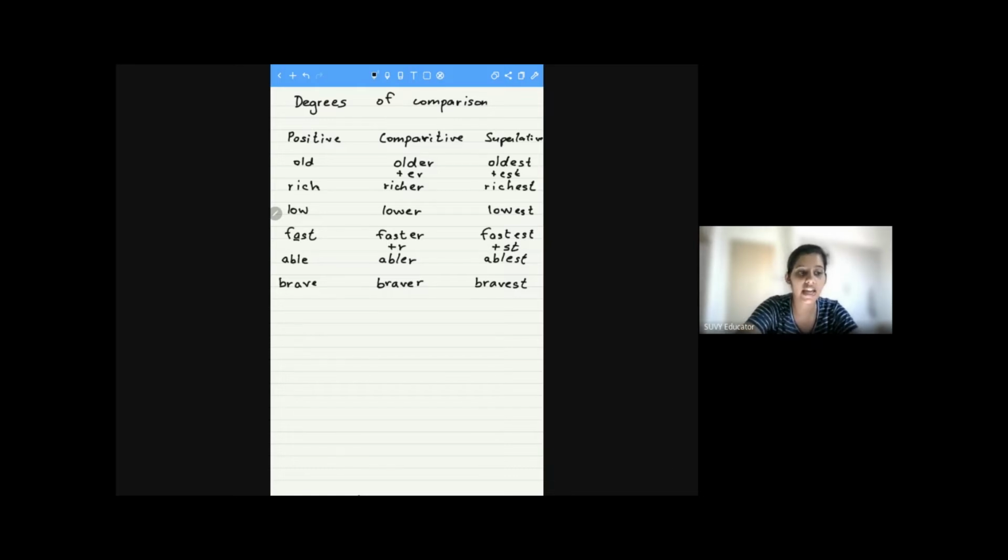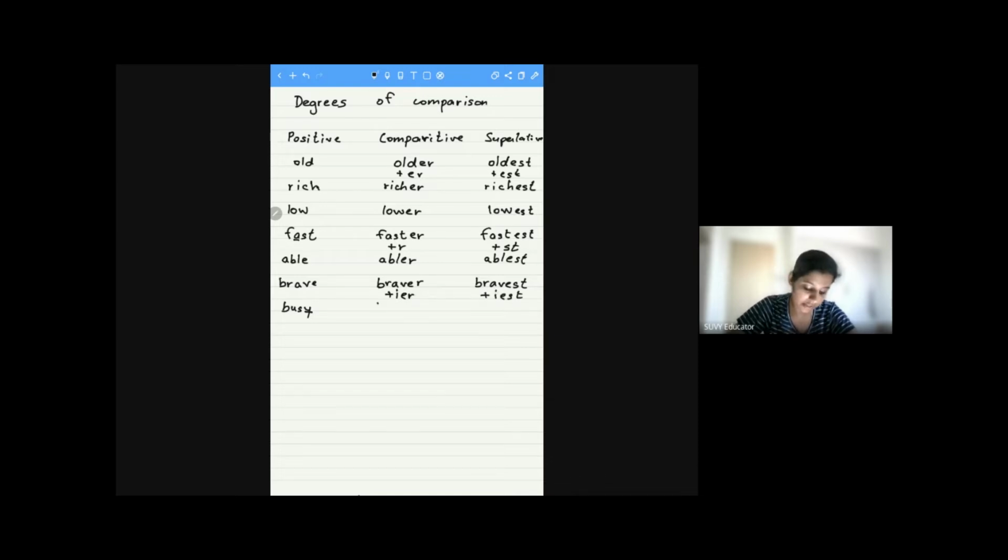Okay, so the next type that we are going to see is the words that end with a y, like busy. Okay, so when this is happening, you remove that y and add ier. So instead of this y, what you add is ier and iest.